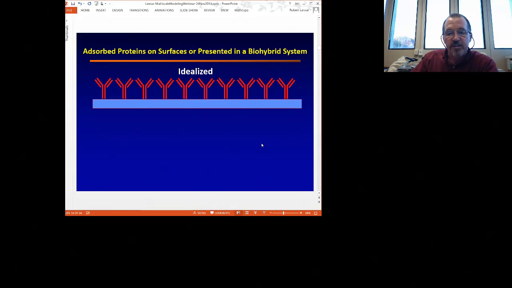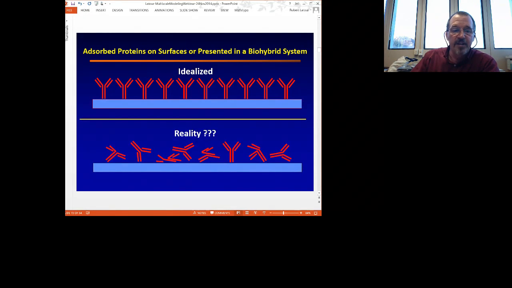So, for example, often you'll see cartoons like this in papers where people are linking, for example, antibodies or other bioactive molecules, proteins to a surface, and they have them idealized, all standing upright and nicely organized. But in reality, it's much more likely that we don't have the kind of control we want of this orientation, and we lose a lot of bioactivity if we don't have the conformation and the orientation control.